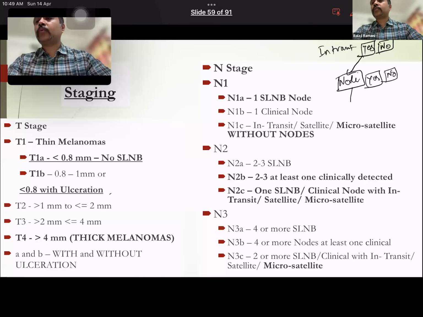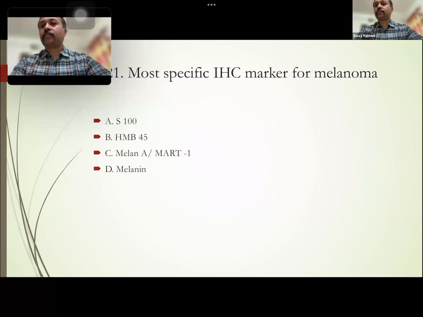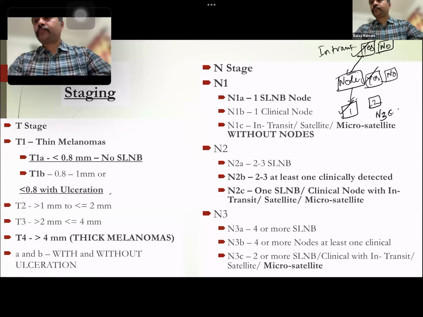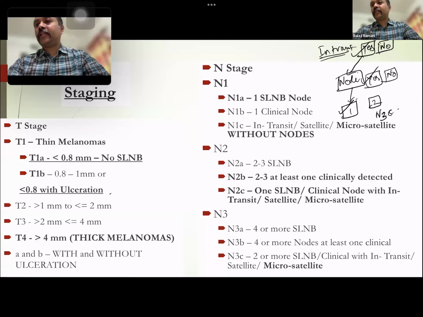If the answer is yes for nodes, then you look at whether the number is 1 or 2 or more. So if you have in transit as yes, and you have nodes and the number is 1, then it becomes an N2C. If it is 2 or more, it already becomes N3C. So in transit, when it is present, then it becomes a C lesion. When you have associated nodes or not, if the nodes are not present, then it becomes an N1C.